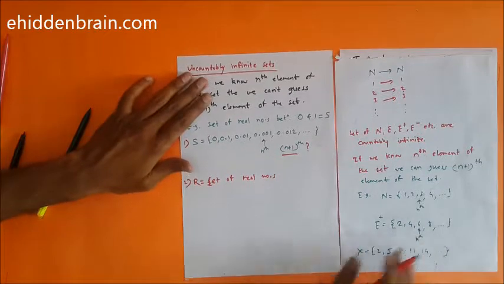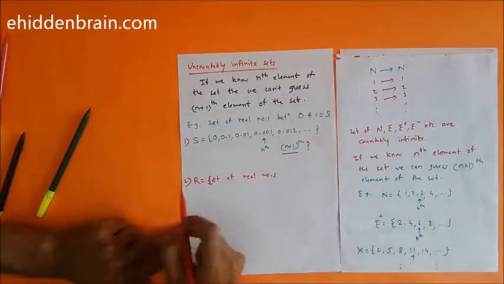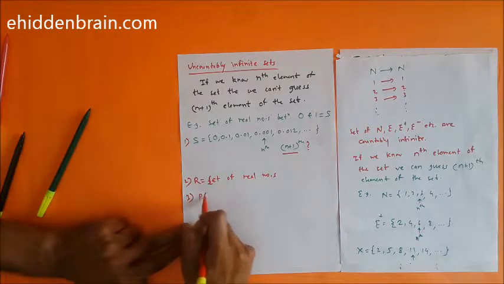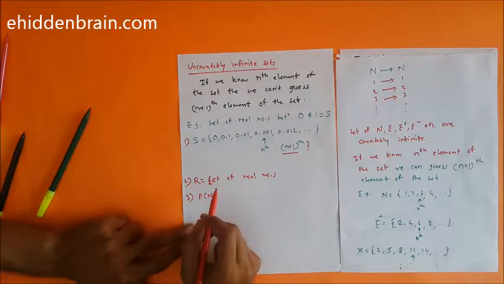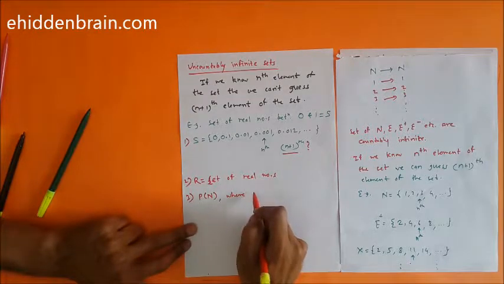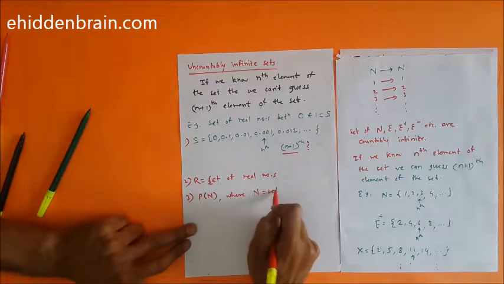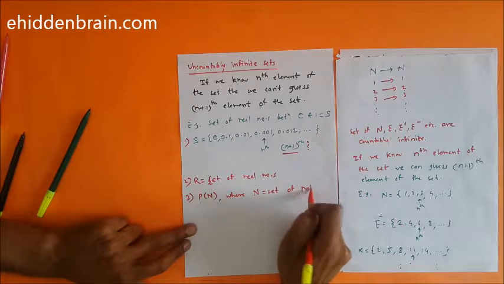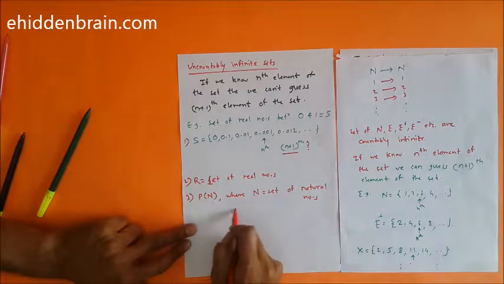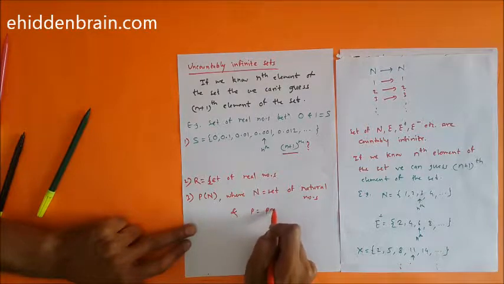Now one more thing, P of N is also an uncountably infinite set, where N is the set of natural numbers and P is the power set.